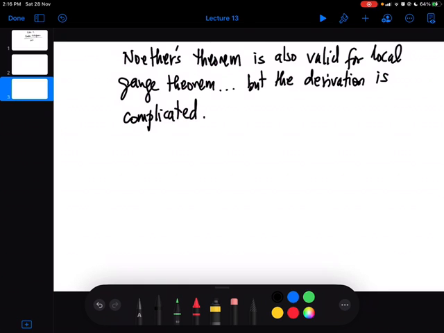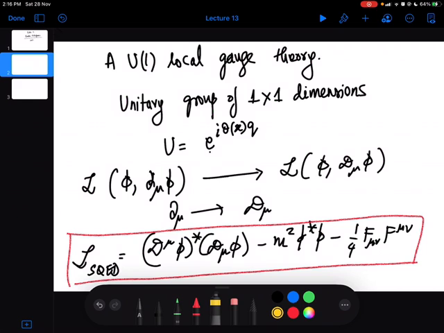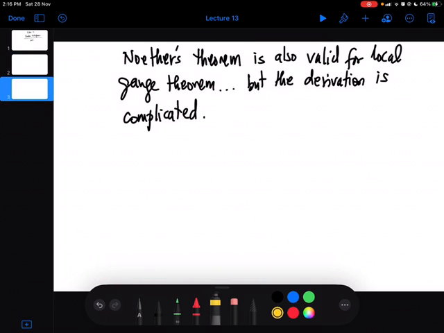On the other hand, what we can do is start with this and look at how the current is. Because we need to know what is the current which is being conserved, right? We know what the current is, but the derivation is complicated. So I don't use Noether's theorem, but I'll try to see what the current is for the free case.